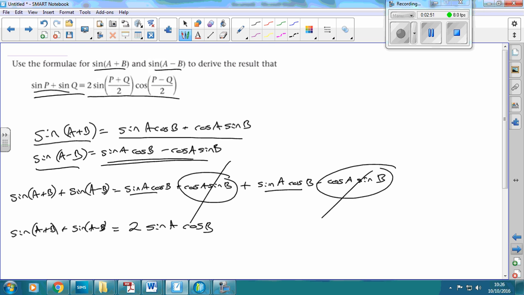Now what we need to do is prove this top one up here. It's not sine of something plus something, it's just sine of p plus sine of q. So we're going to replace a plus b with p and a minus b with q.